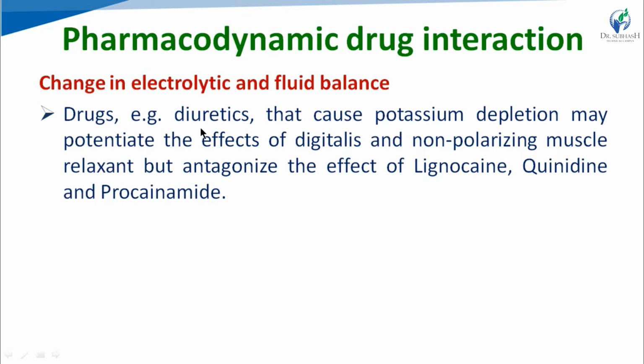See, if drugs, for example diuretics, cause potassium depletion, they may potentiate the effect of digitalis and non-polarizing muscle relaxants, but they will antagonize the effect of lignocaine, quinidine and procainamide. मतलब यहाँ पे diuretics is one drug, it will potentiate the effect of digitalis, और अगर diuretics patient को दिया गया है, and at the same time it will show the antagonistic effect towards lignocaine and quinidine and procainamide.